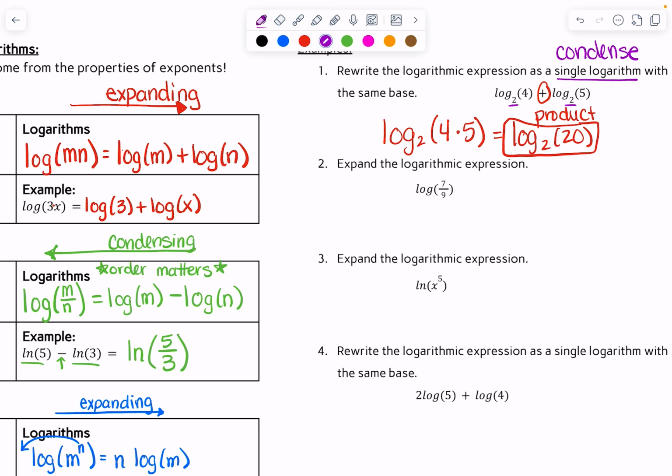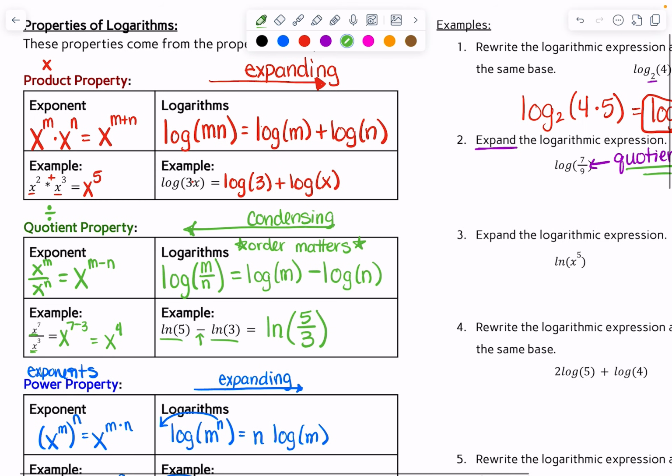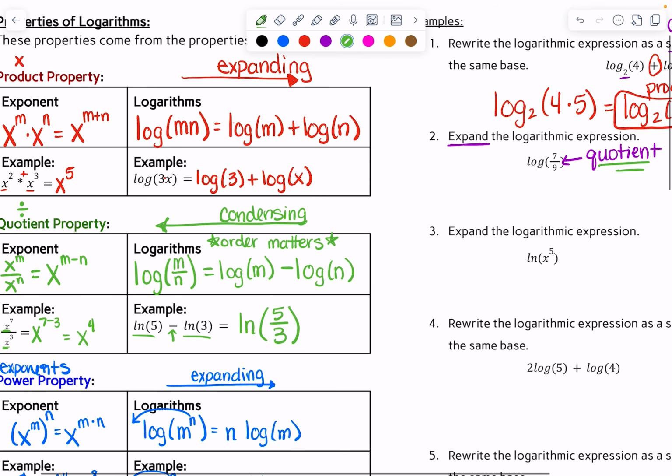For example number 2, this is asking me to expand this logarithmic expression. What that means is we want to expand this out until we only have one number or a single variable, if we had variables here, in each logarithm. So we want to expand it as far as we possibly can. In this case, I'm noticing that I see division. We're going to use the quotient property, because I see that division.